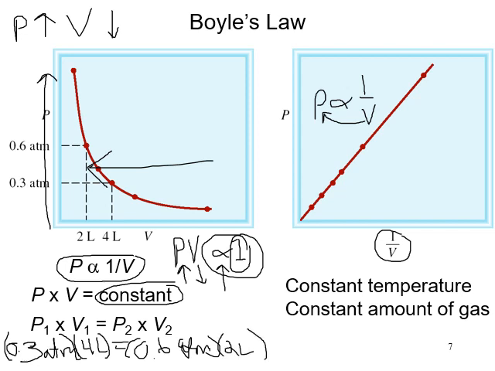You'll notice 4 times 0.3 is 1.2, and then 0.6 times 2 is 1.2. So you see how they're the same number. Since they're the same number, they're related to each other. That's why when pressure increases, the volume has to change to keep the relationship true.